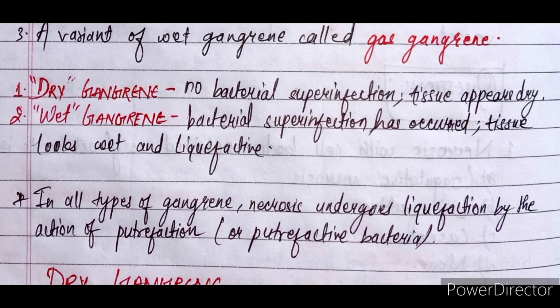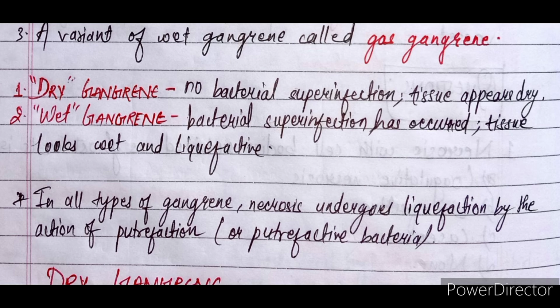Due to less bacterial infection, the tissue appears dry, whereas in wet gangrene there is abundant bacterial presence. So bacterial superinfection has occurred and the tissue looks wet and liquefactive.